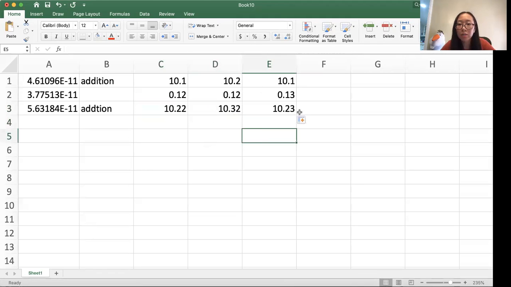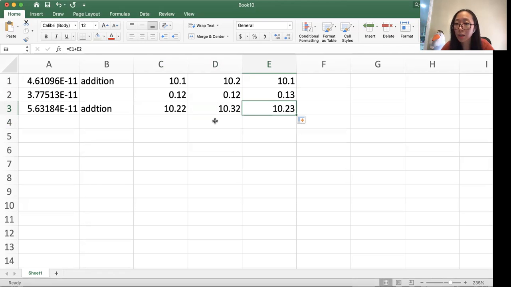When we change the last digit of the first number, it affects the first decimal place. When we change the last digit of the second number, it only changes the second decimal place.